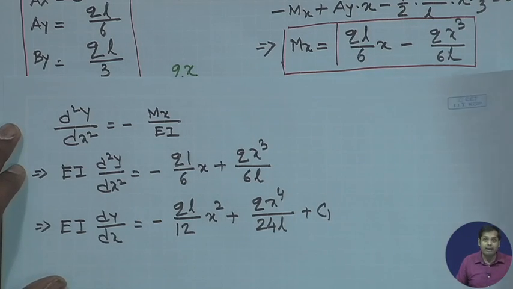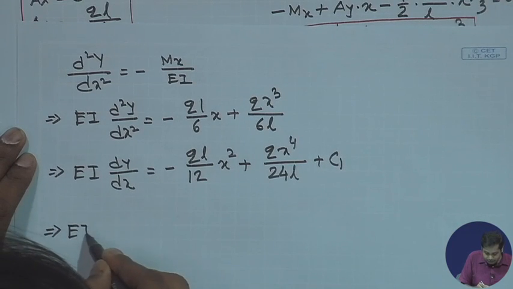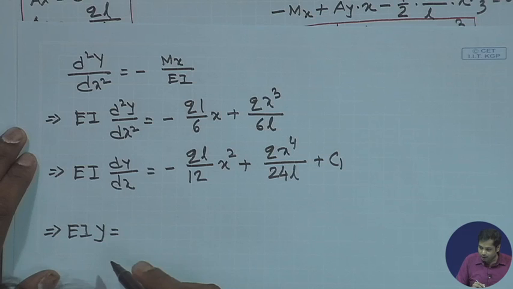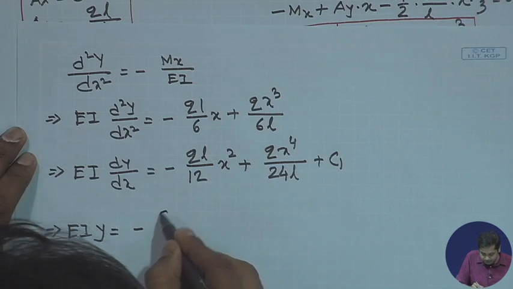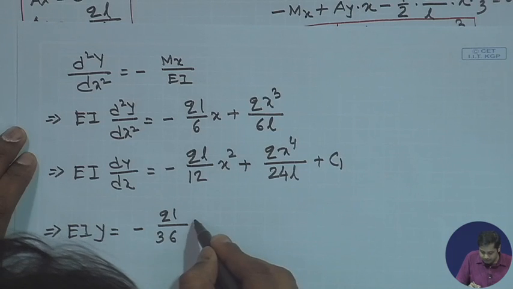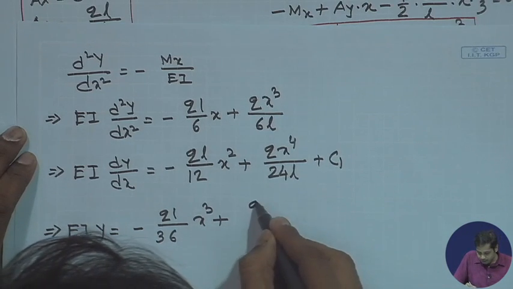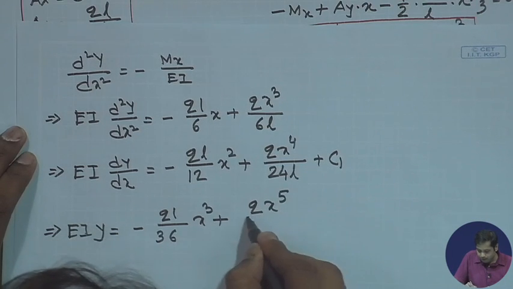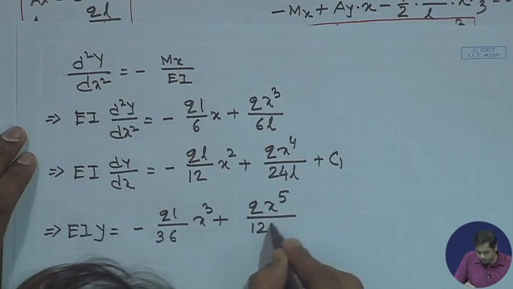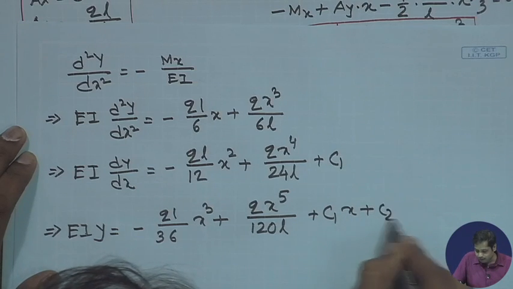And then integrate it a second time. This will become minus qLx^3/36 plus qx^5/120L plus C1x plus C2.